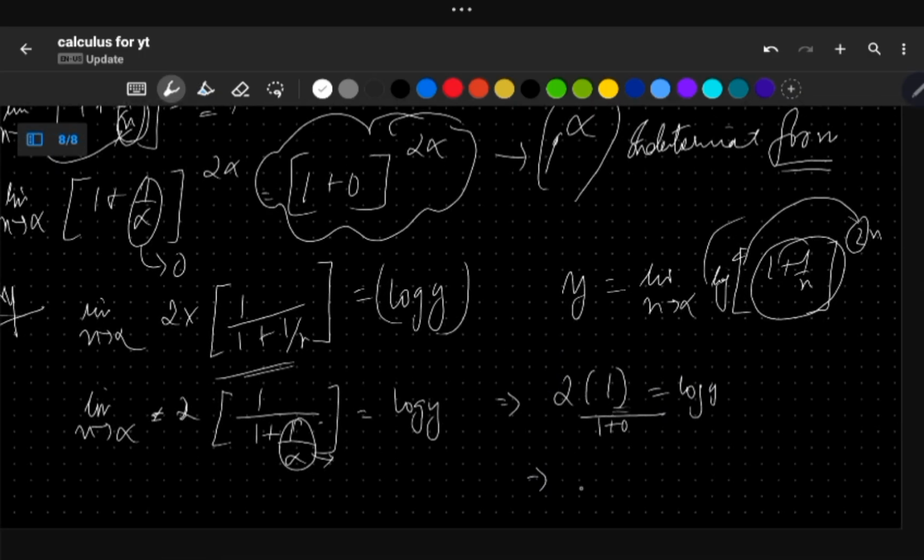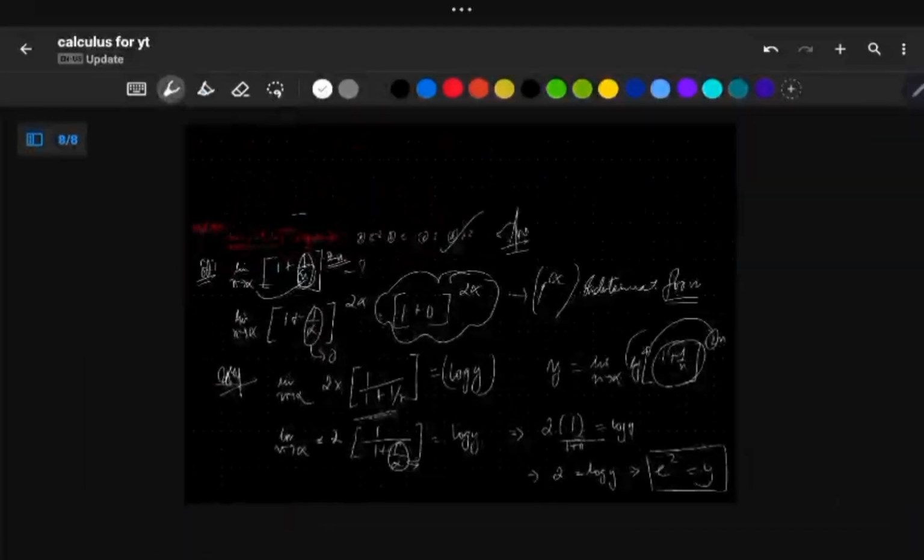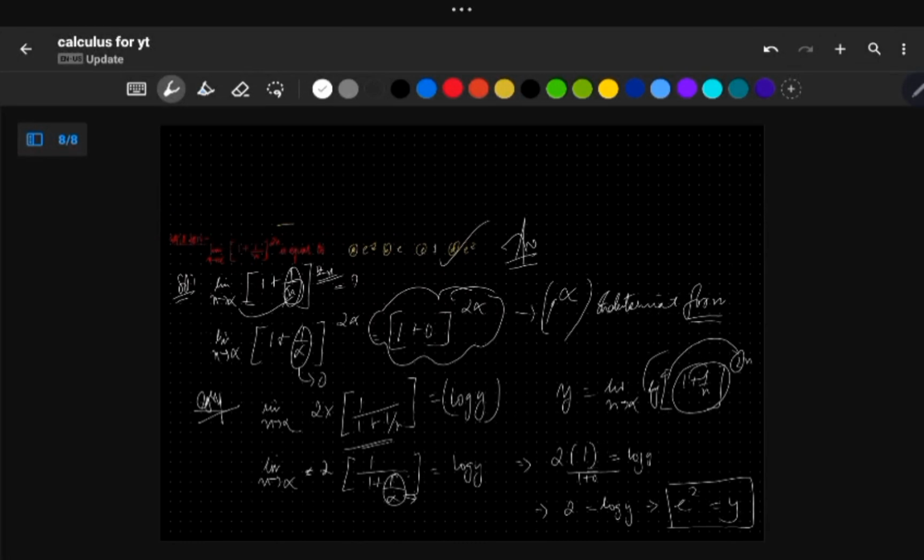It is nothing but 2 equals log y, and if we remove log, we get e power 2. That is the answer, e power 2. This is the easiest method or approach to solve it. So by that, limits is over. Now we'll be discussing continuity in the next video, and differentiability also in that video. Till then, take care, bye, have a good day.